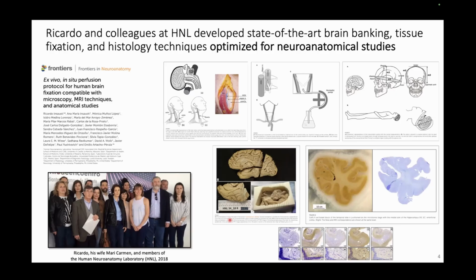As part of this, they performed in situ perfusion so that the fixative could be delivered to the brain right at autopsy and not later when the brain is removed, helping preserve the shape of the brain for neuroanatomical studies. And they really optimized histological techniques so that the quality of the tissue, the ability to distinguish different architectonic areas and cortical layers could be maximized.